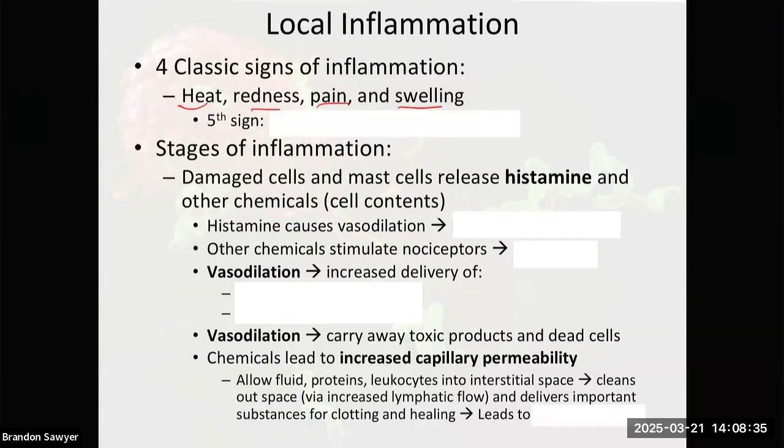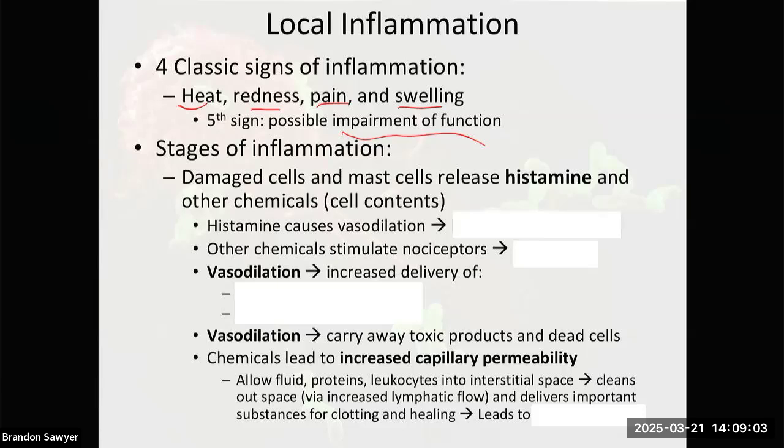Turns a little bit red, it hurts, and then we notice some extra fluid in that area too. Okay. In more sports medicine, kinesiology, you might see a 5th sign noted, which is impairment of function. Okay, so maybe that's like some stiffness or some lack of range of motion, lack of strength, something like that is typically part of the inflammatory process too.